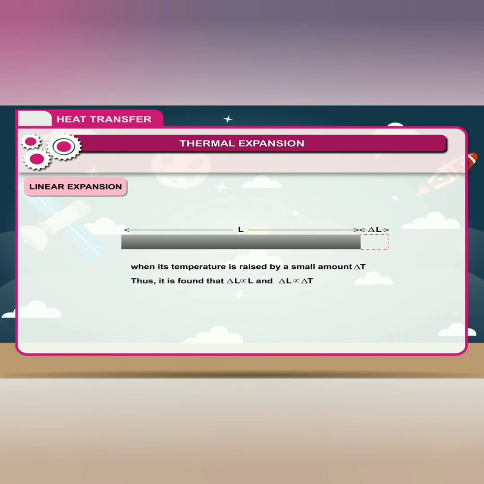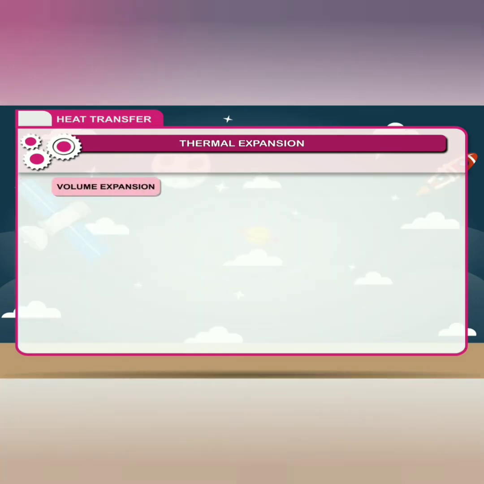Thus it is found that the increase in length is proportional to the original length, and the increase in length is proportional to the temperature which was raised. Therefore, the increase in length is proportional to the length and the increase in temperature.